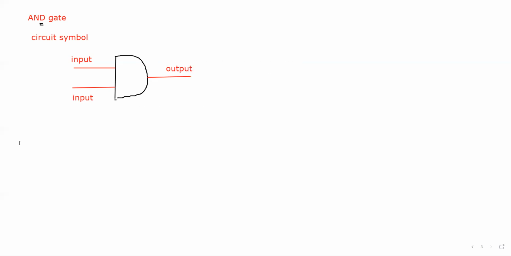The working of AND gate. To remember how it works, it's just multiplication. So multiplication of inputs will give the output.